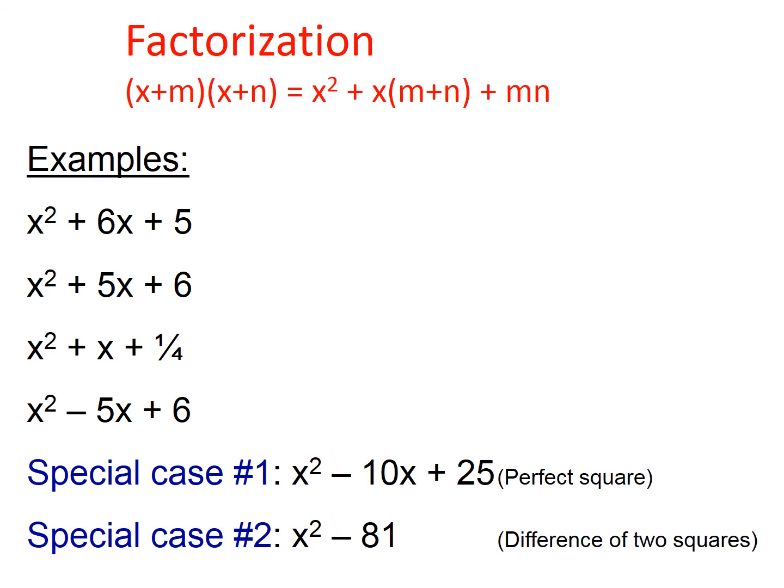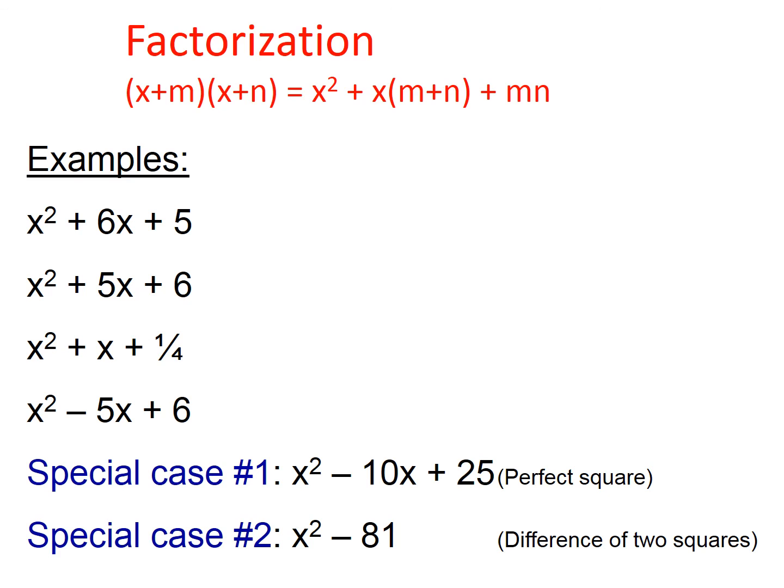We want two numbers that you times together to get minus 81, but when you add them together, you get 0, because 0x is just 0.